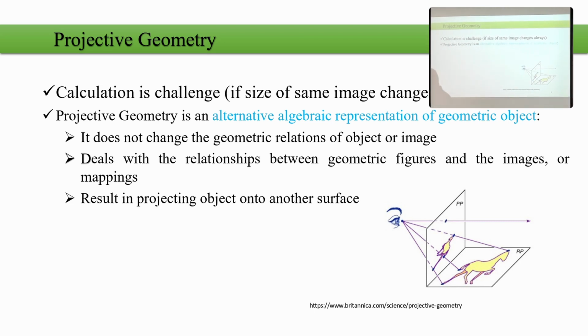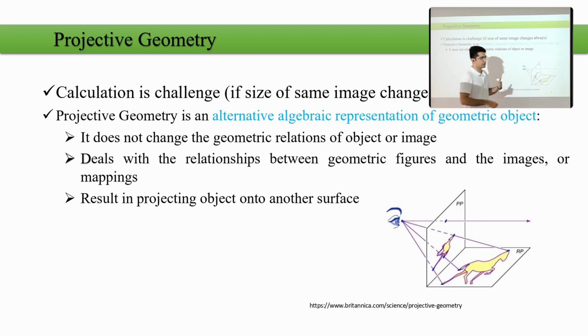So next thing that we are going to talk about is projective geometry. Calculation is usually a challenge, especially if we have not just a single point but an image, for example, to calculate on. Projective geometry is an alternative algebraic representation of the picture in the coordinate system that we can use to project it onto, for example, another plane or another axis.